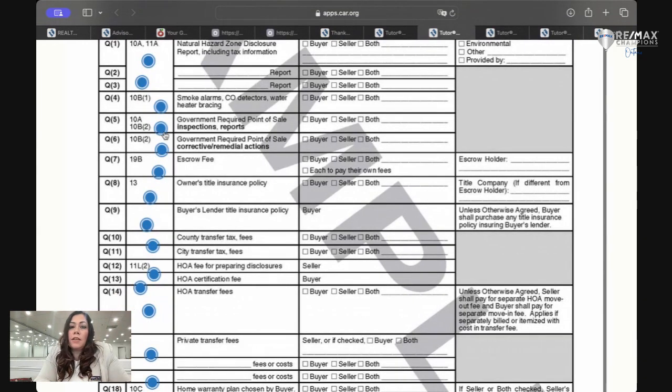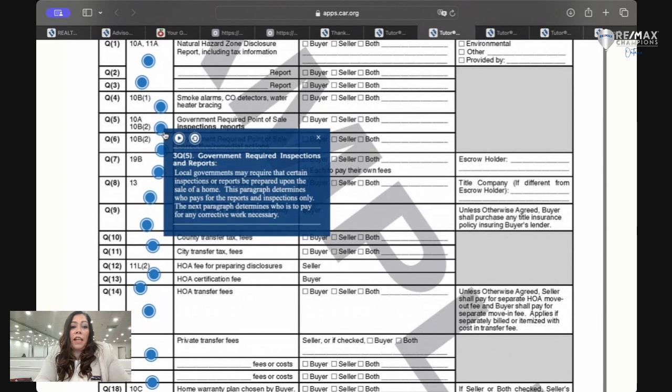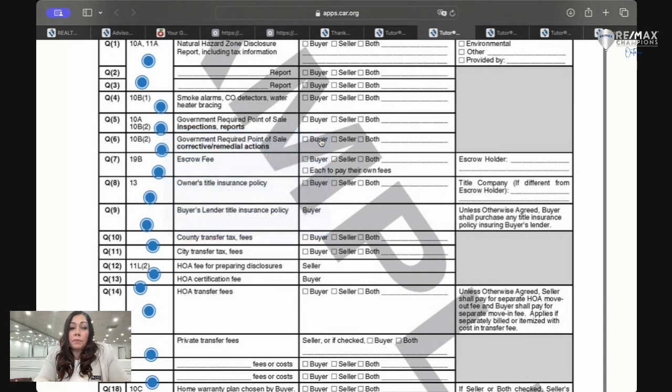Q5 and Q6. This is typically like in LA, right? You have your city inspections before and after. I always go by what Rod had always said on these particular ones, and I never check them. I leave them blank, because he says that if they are marked, you are blindly accepting the responsibility of any repairs that are needed without knowing what's needed.